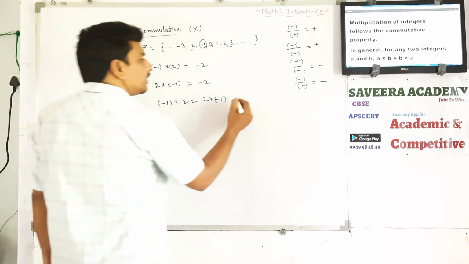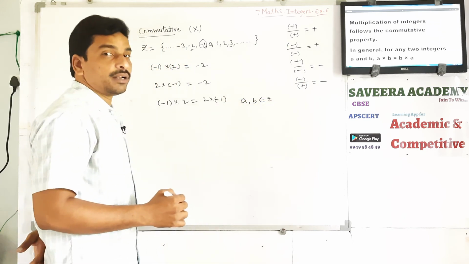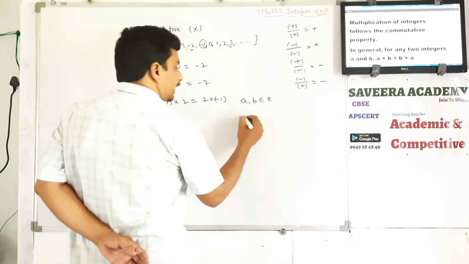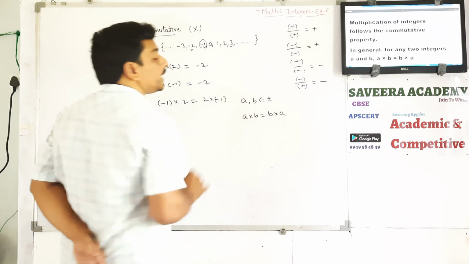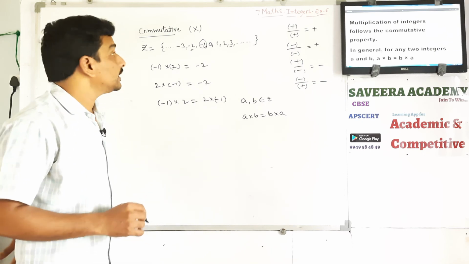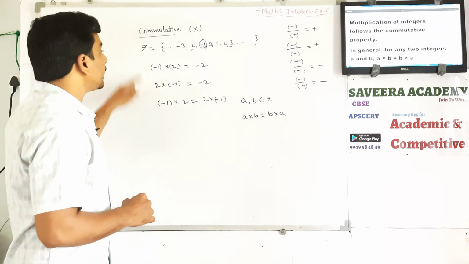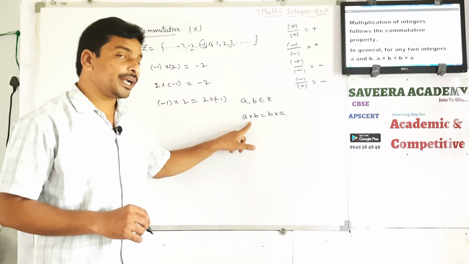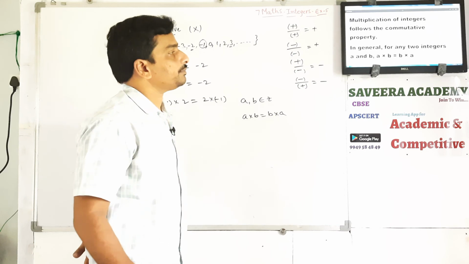In general, if a comma b belongs to Z, a and b are two integers, then a into b is equal to b into a. This is called the commutative property under multiplication. Therefore the set of integers follows the commutative property under multiplication.